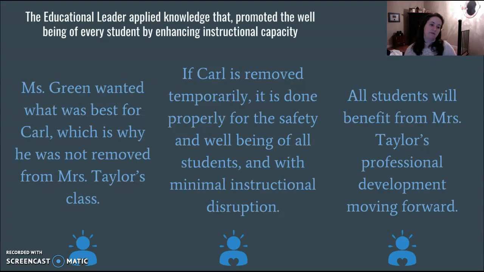Promoted the well-being of every student. Miss Green wanted what was best for Carl, which is why he wasn't removed from Mrs. Taylor's class. That wasn't part of the plan. If Carl is removed temporarily, it's done for the safety and well-being of all of the students and with minimal instructional disruption. That's why the plan is in place. That's why there are steps to follow in order to make sure that instruction is not being interrupted.